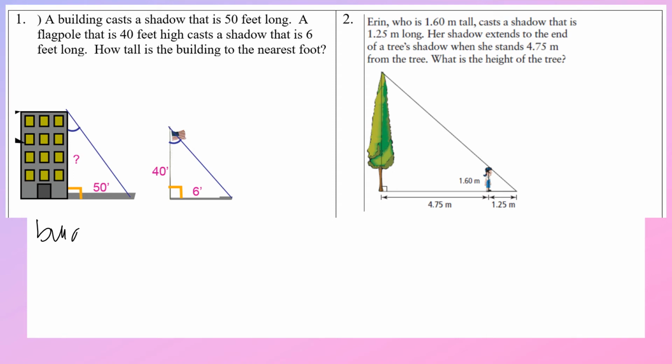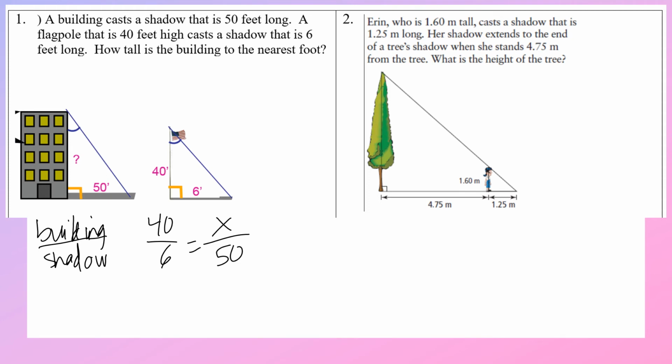So I'm going to set it up as this is the building, this is the shadow. Building over the shadow. So for the flagpole, it is 40 feet, the shadow of the flagpole is 6. The building, we don't know what it is, the shadow for that is 50.